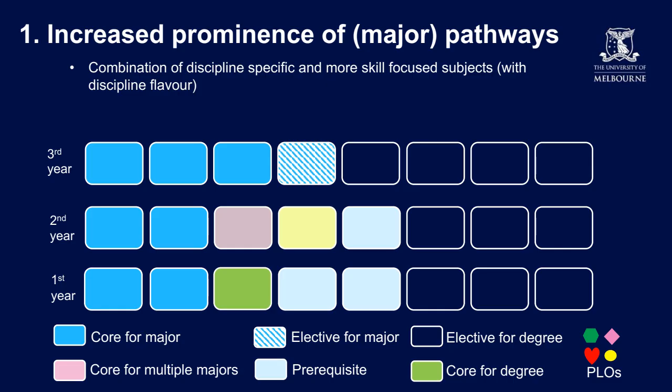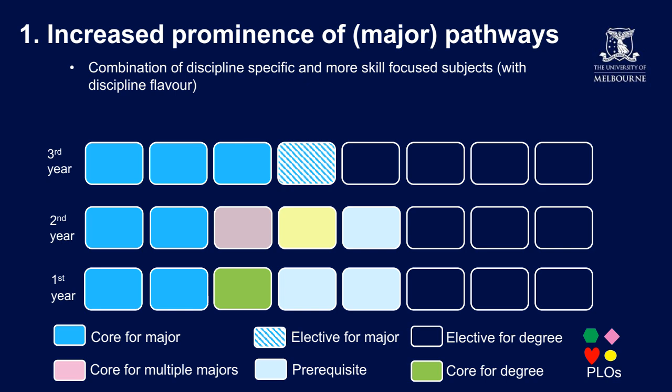There are examples of these subjects currently at my institution, such as one that I've tried to demonstrate here in green, which focuses on the nature of science at a first year level, and at a second year level, subjects that focus on data analysis or communication. They're now being more purposefully integrated into majors.